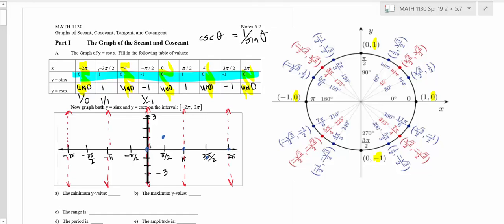And just use a dashed line because this is not the graph of the cosecant, but you need the graph of the sine to figure this out. Okay, and then we'll do the rest of it kind of like this. And that's how you want to set that up. So basically, when you're doing a cosecant graph, you want to graph the sine that goes along with it, identify the asymptotes, and then here's how the graph goes.